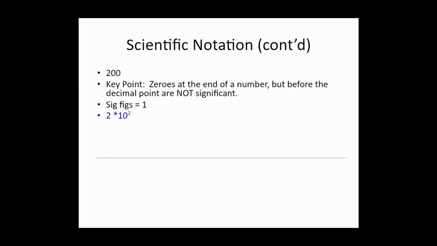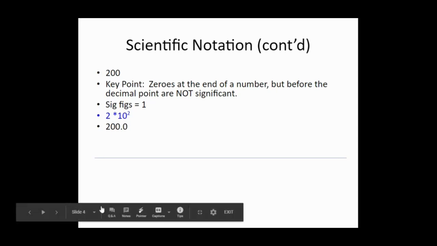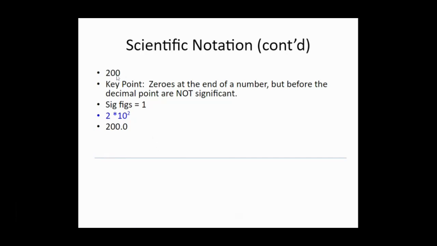Now if I write that number differently, as I was saying, it's very important in chemistry because we'll use glassware that has varying amounts of precision. And so 200 with no decimal point or indication of significance is very different than 200 with these. So how many sig figs does this number have?